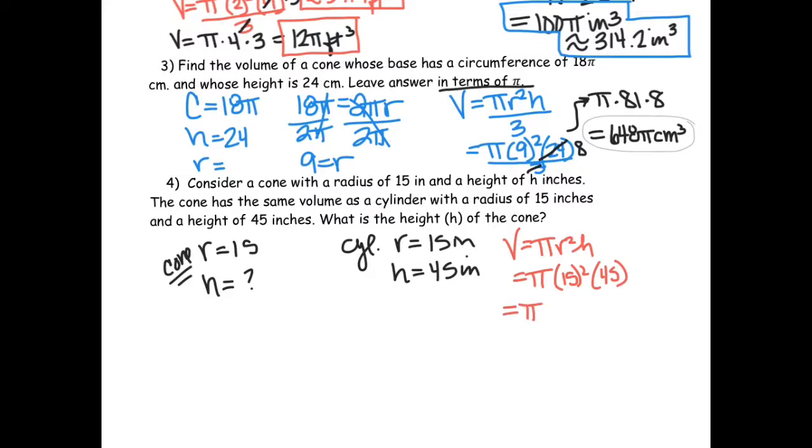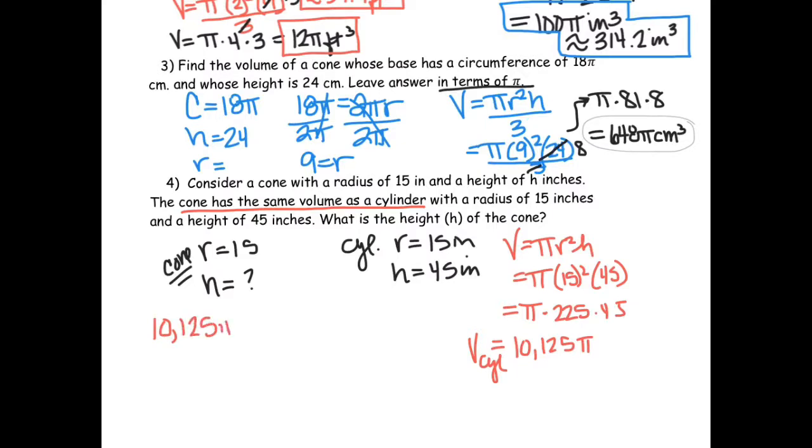Let's see, 15 squared is 225, times 45. 225 times 45 is 10,125 pi. So that is the volume of the cylinder. Now it says that the volume of the cylinder and the volume of the cone are the same.